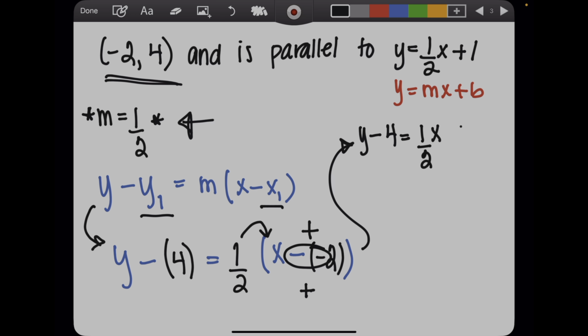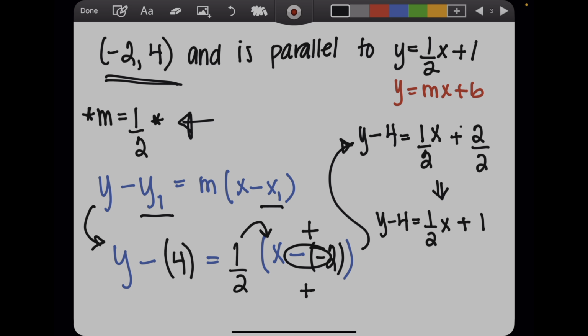So +2 times 1/2 will equal 2/2, which we know equals 1. So we would have y minus 4 equals 1/2 x plus 1.